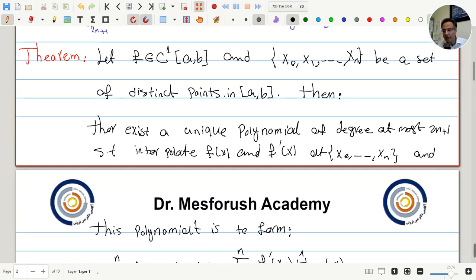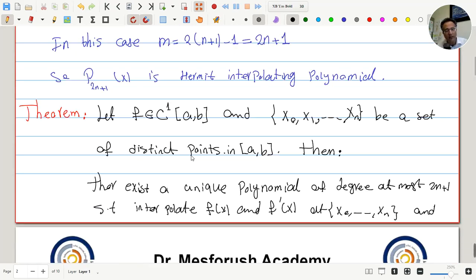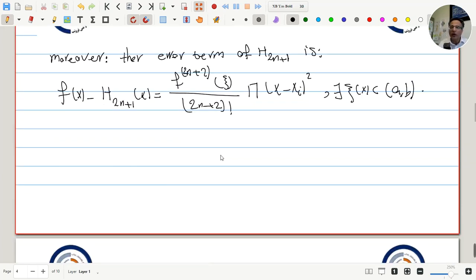This is a very long theorem; the statement of the theorem is very long, and now we want to start to prove the theorem.